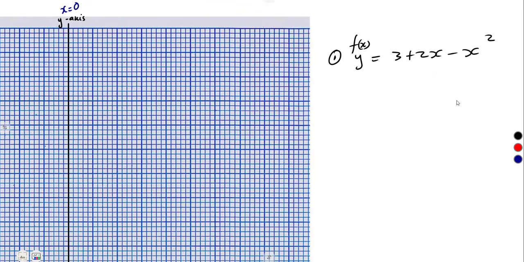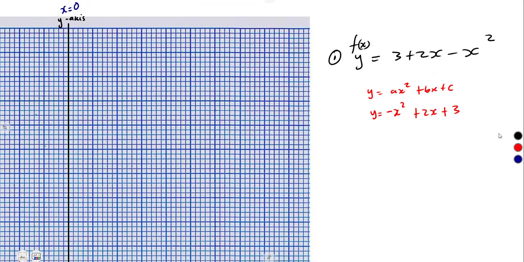So that's a quadratic graph. And from the form y is equal to ax squared plus bx plus c, this is simply the same as negative x squared plus 2x plus 3.